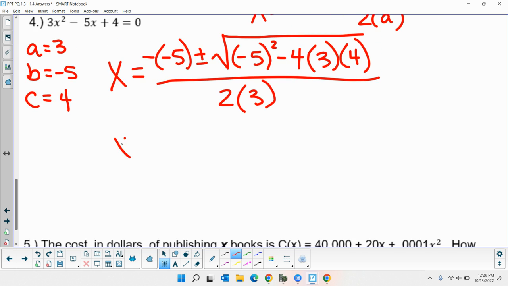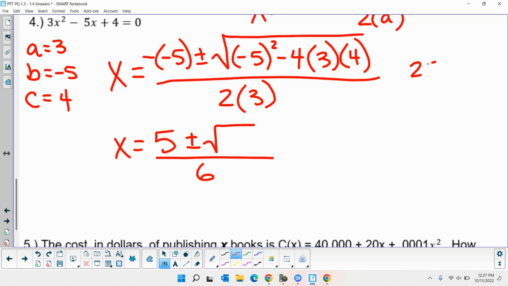The 2 negatives make that a positive 5. 2 times 3 is 6. All right, and then again, don't put the radical in your calculator. Just put that -5 squared minus 4 times 3 times 4 in your calculator. Well, -5 squared is a positive 25. -4 times 3 is -12. -12 times a positive 4 is -48. 25 minus 48 is -23.